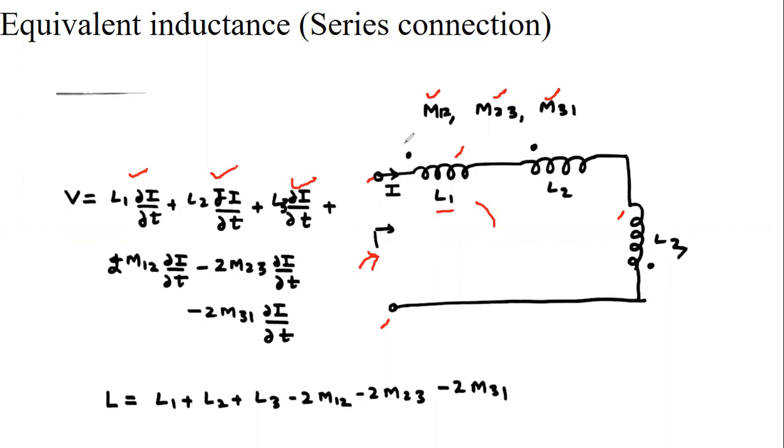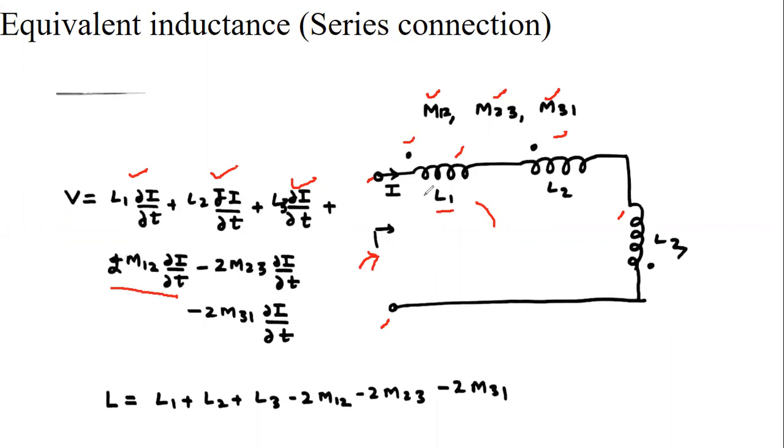In coils 1 and 2, current is entering from the dotted terminal, so the fluxes support each other. So the next term is plus 2M12 del I by del T. Why 2?